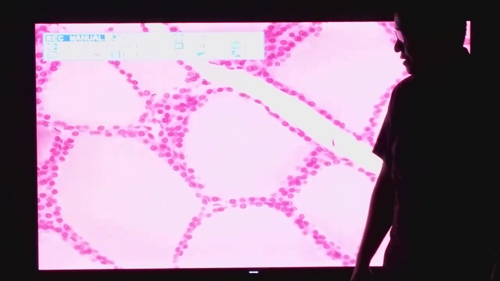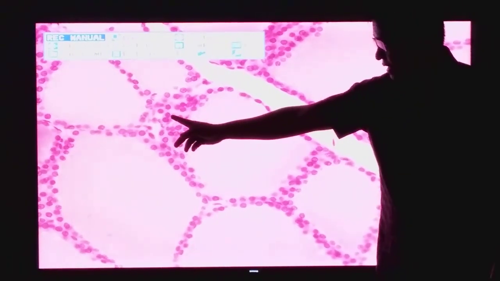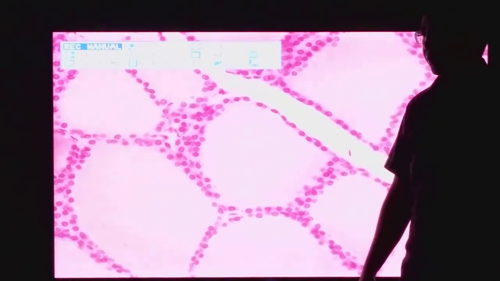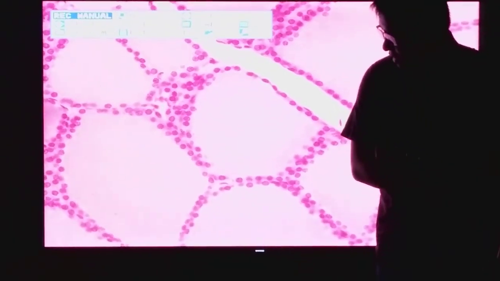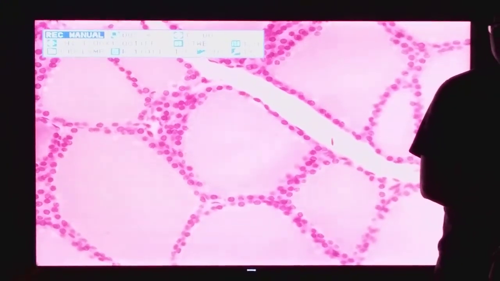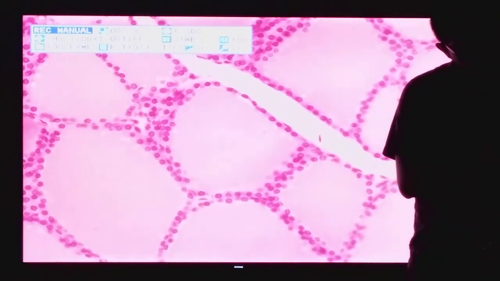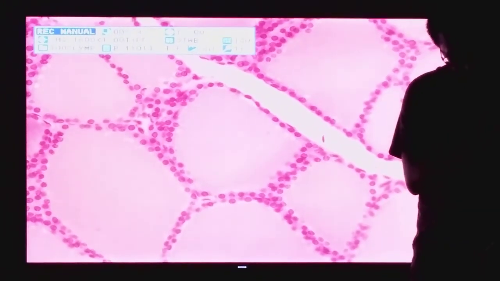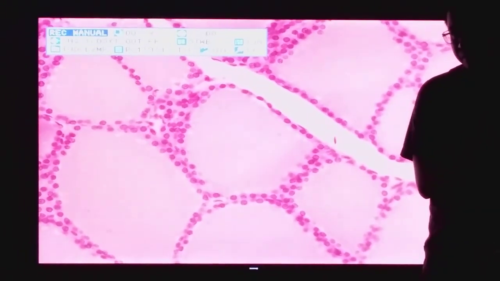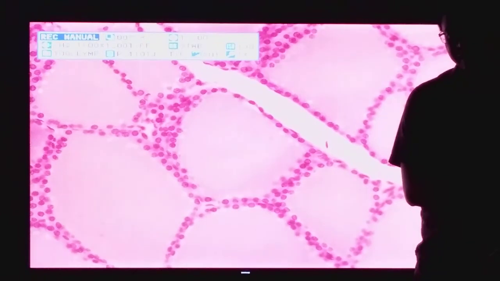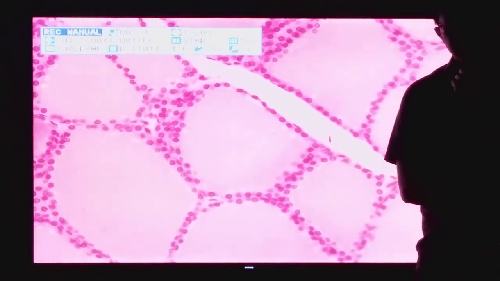Now, what is the hormone produced by these cells? Calcitonin. What is the other name for parafollicular cells? What is the action of calcitonin? Calcium to the bone or calcium moving away from the bone? Calcium to bone. Calcitonin. What is the action of the hormone parathyroid?